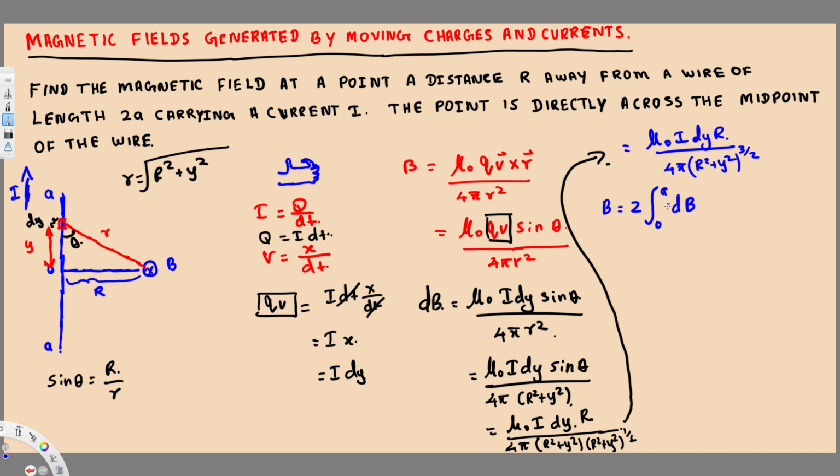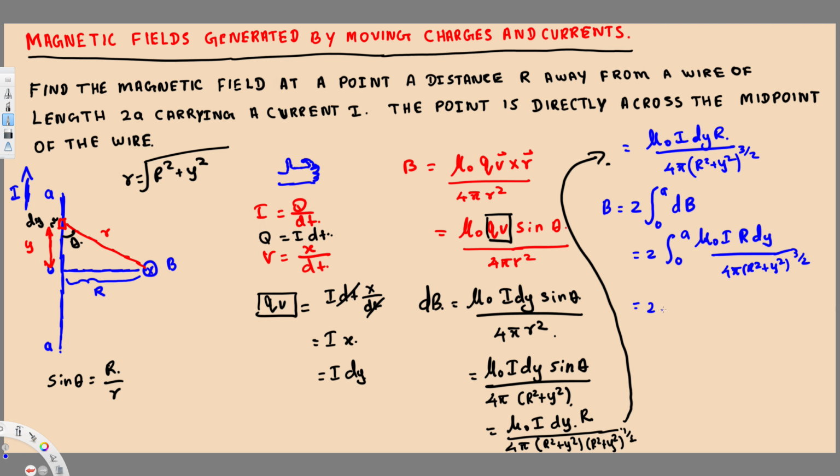So let's plug in the values. This is going to be 2 times the integration 0 to a of mu naught I r dy over 4 pi, r square plus y square power 3 by 2. That's it. And everything except y is going to be constant, so we can move everything to the front.